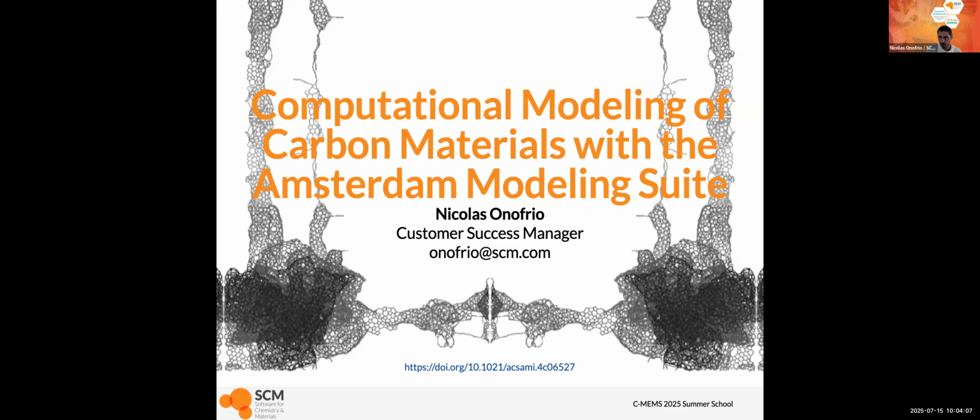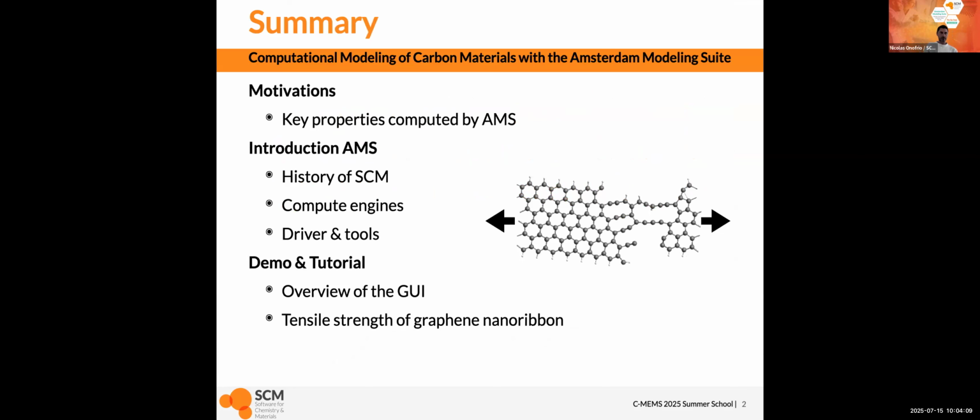What I want to tell you about today, I'll start with an overview of a few properties you can calculate. I picked the battery case because I've been working a lot on battery materials, and carbon-based material are very important in the battery electrodes, as you know. So I'll give you a very quick overview of general properties that you can calculate. Then I'll move on and tell you about the history of our company in a couple of slides and how the software is constructed.